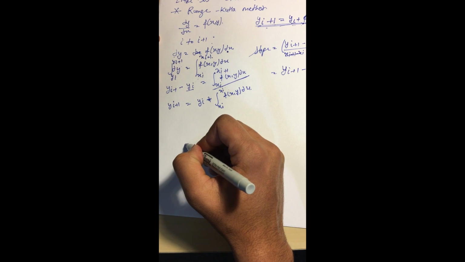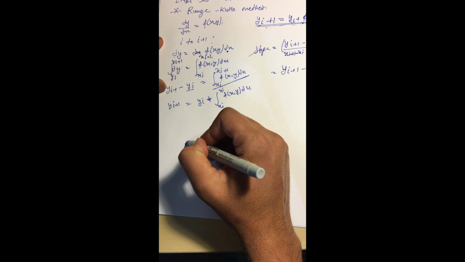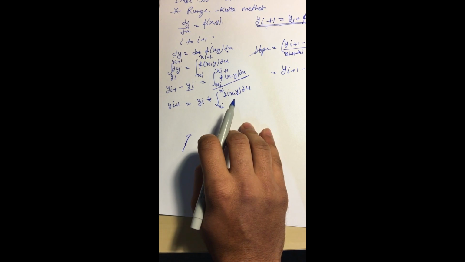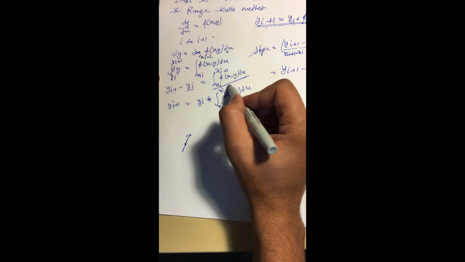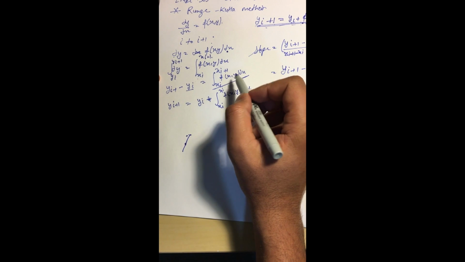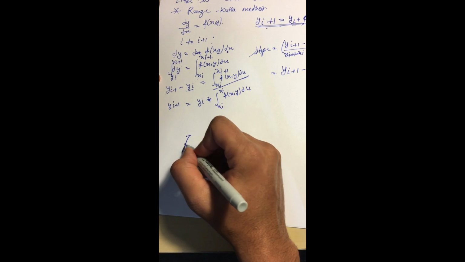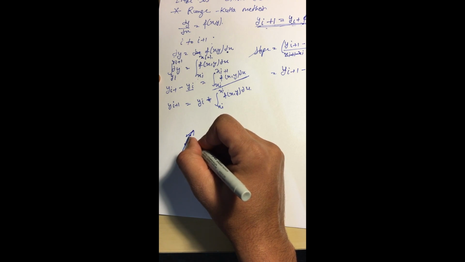I have a starting point of a function, because we have our initial conditions, and I have the slope, because the function of x and y is our slope. So with the starting point and the slope, we can guess our next value of the function.